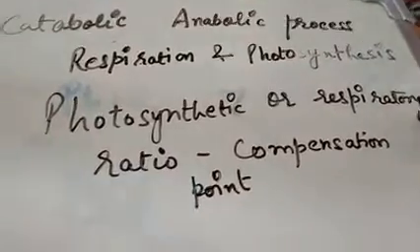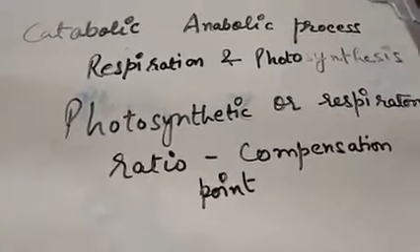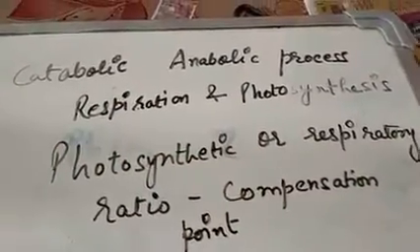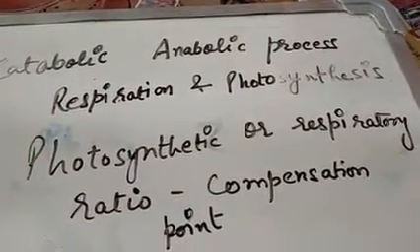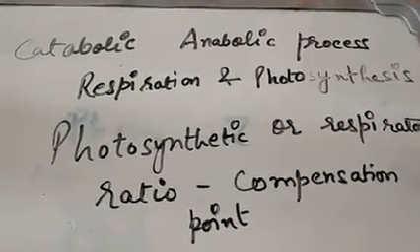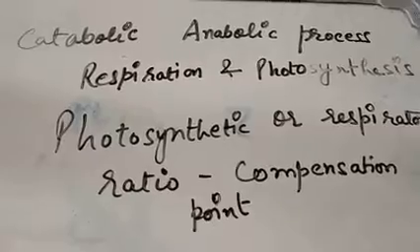Here you just have to study a few important points which we discussed last class, and a few I am going to discuss right now. Catabolic and anabolic processes. These are the two types of process which take place in the plant body or in our body also.